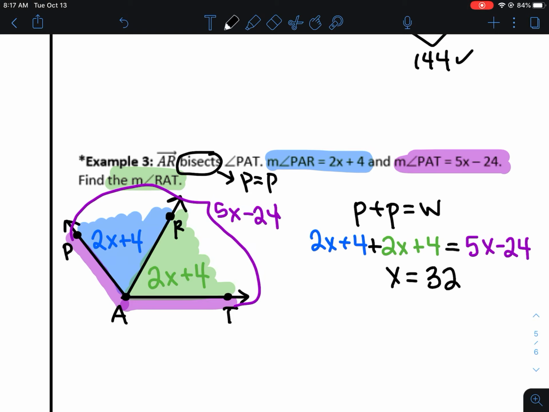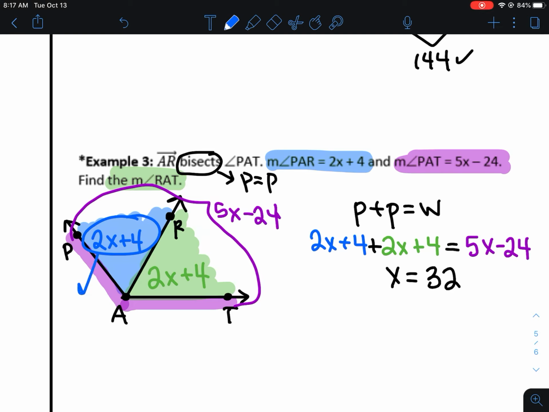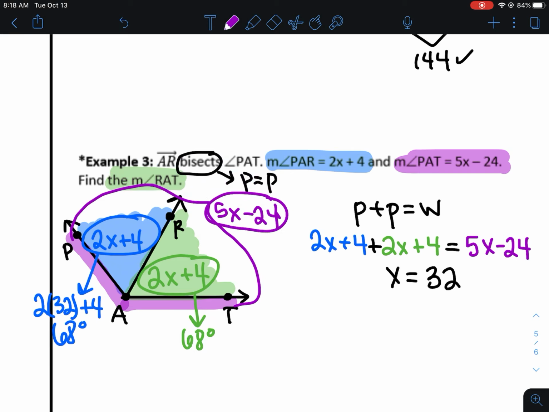All right, so now that I've got that, let me go back and plug it in. All right, so that's going to be 2 times 32 plus 4, which is 68 degrees. We automatically know the second one has to be the same because it's the exact same thing, so I'm just going to write 68 degrees. And then we want to make sure that this one equals the sum.